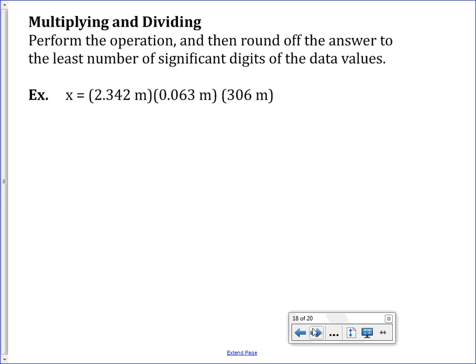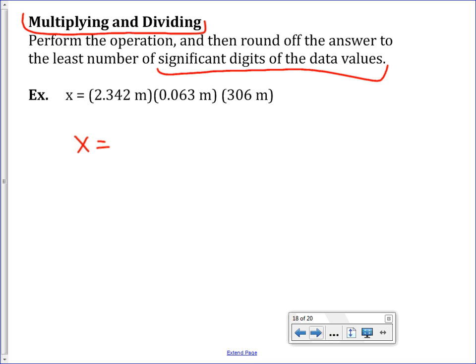When we're multiplying and dividing significant digits, we perform the operation and then round off the answer to the least number of significant digits of the data values. Similar to the last example, we do the operation as normal, and then we go back and determine how many significant digits our answer should have.